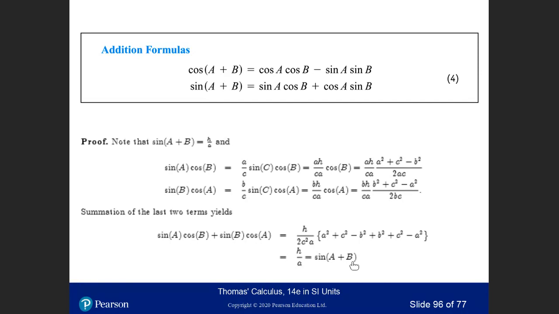The other cases, like sine A minus B, can be proved using the same type of triangles and figuring out every sine and cosine.